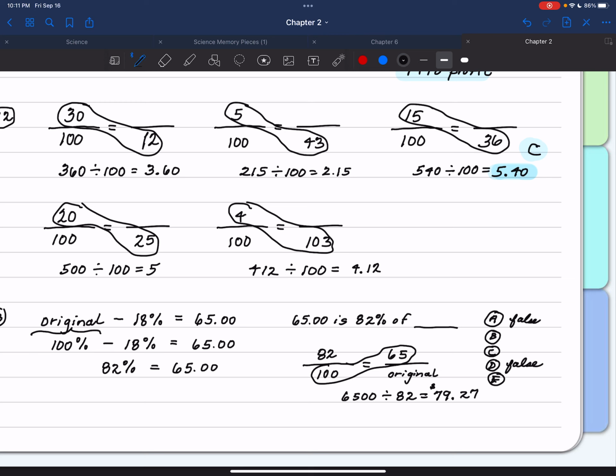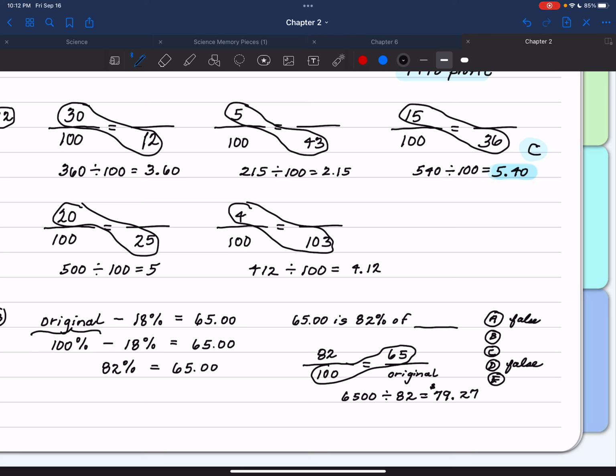B says Ted's answer is incorrect because he made an error when multiplying. I'm not going to say that because I didn't see. Well, it says he said 65 plus 18% of 65. I'm not going to go with that one.